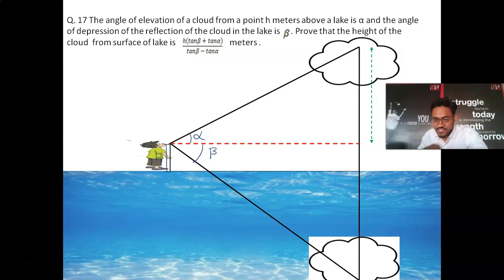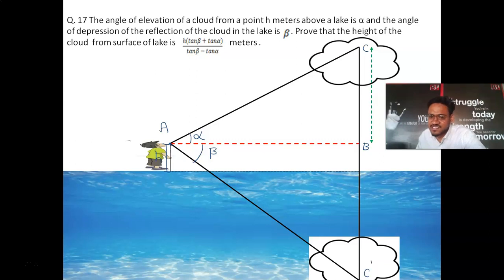Now students, let me name the points. See, suppose this point is A, this point is B, the point on the object, on the cloud, is C, and this is the point on the reflection of cloud.